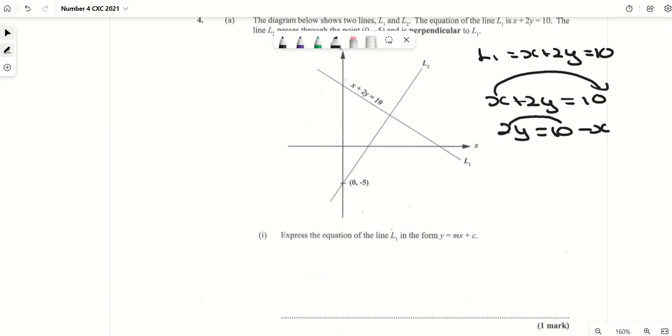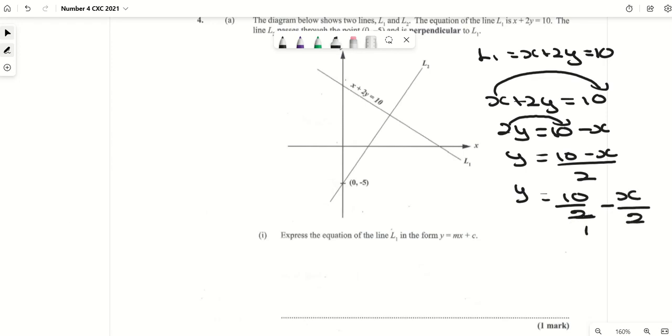Then we carry across 2, which gives y is equal to 10 minus x, all divided by 2. This can be split into two parts. So y is equal to 10 over 2 minus x over 2. 10 divided by 2 is 5, and x over 2 is the same thing as a half x. So y is equal to 5 minus a half x.